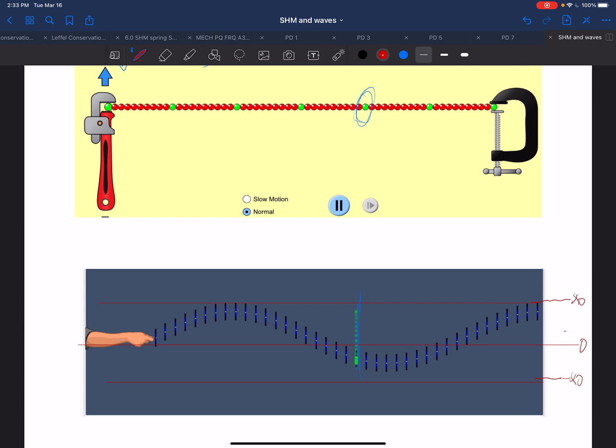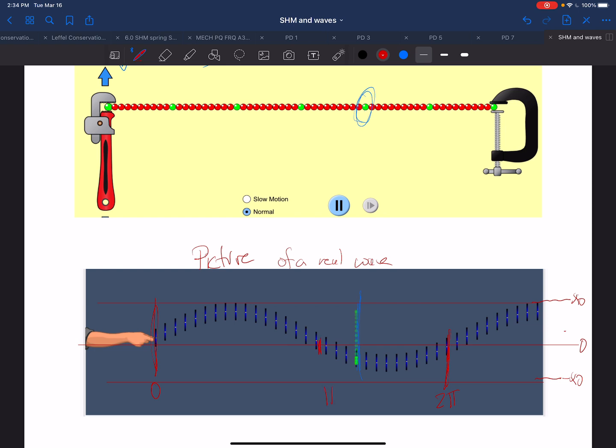Now, I want to make a distinction here. When we look at this wave, we are looking at a picture of a real wave. And if we started our cycle here at time 0, and the corresponding part of that wave is here, this would be 2 pi.